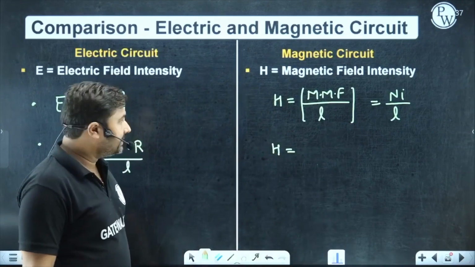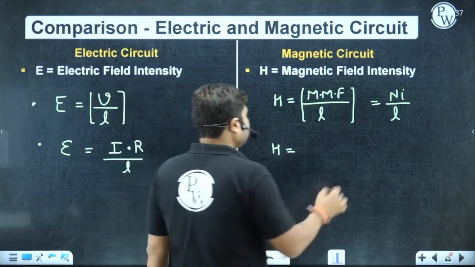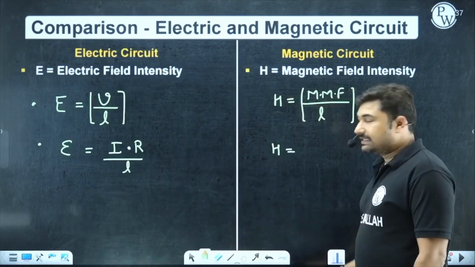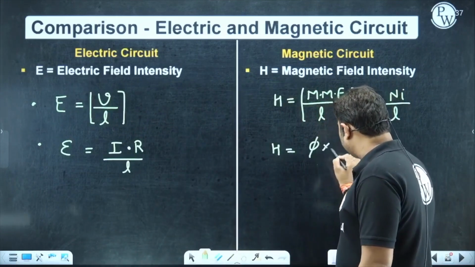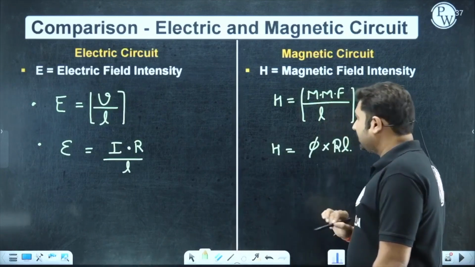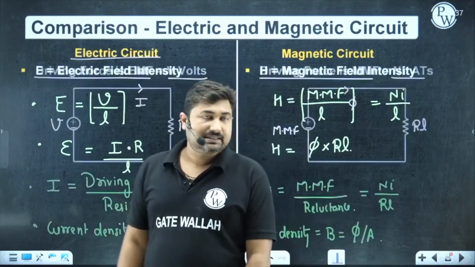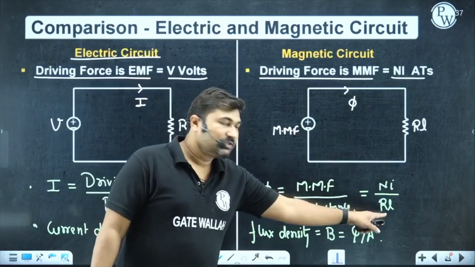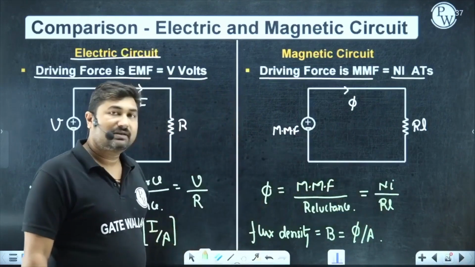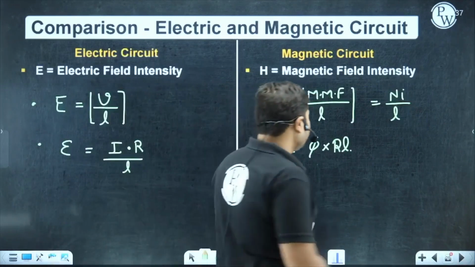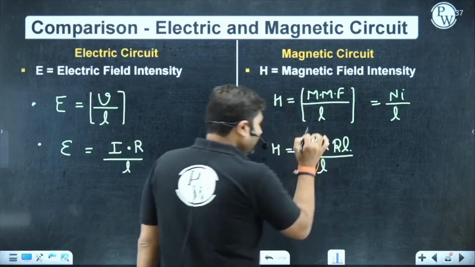Ni can be represented as MMF. In terms of flux, MMF can be represented as flux into reluctance. Already you have represented that flux is equal to MMF upon reluctance. So N into I can be represented as flux into reluctance upon L. Can I write it this way?